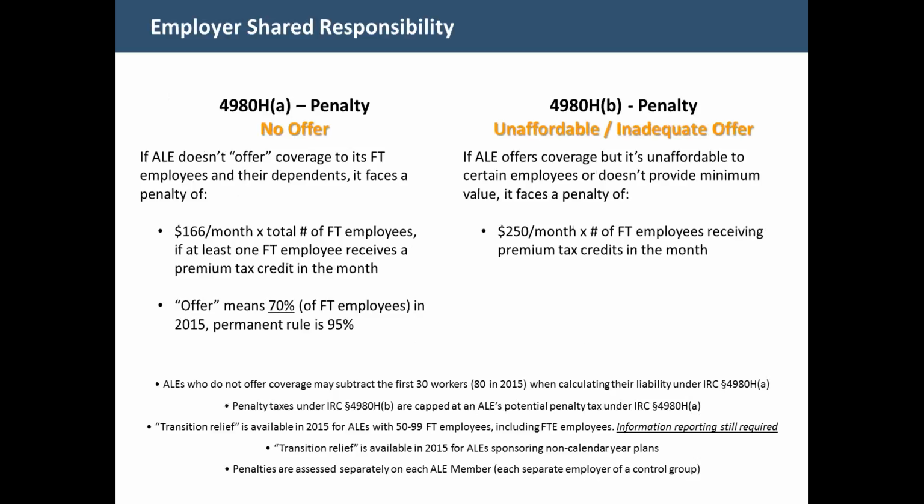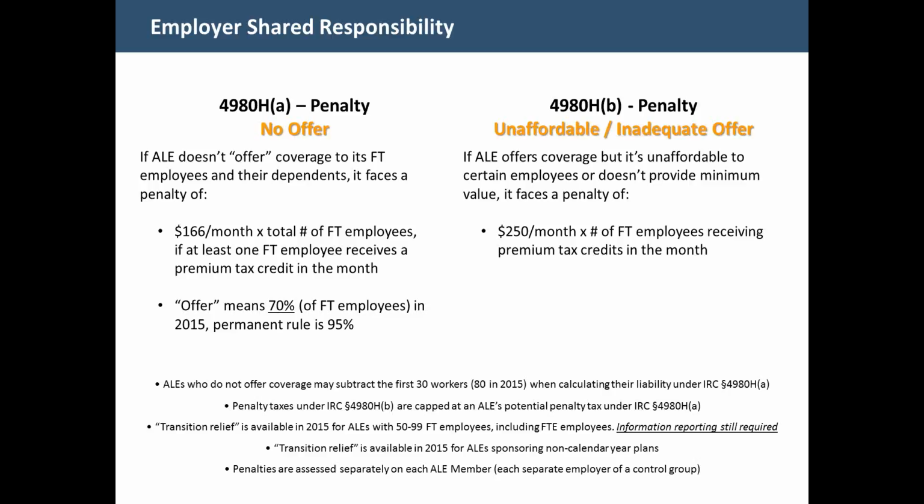So moving on to what employer shared responsibility is, or 4980H, there are 2 penalties under shared responsibility. The A penalty, often referred to as the no offer penalty, and the B penalty, which is often referred to as the unaffordable or inadequate offer penalty.